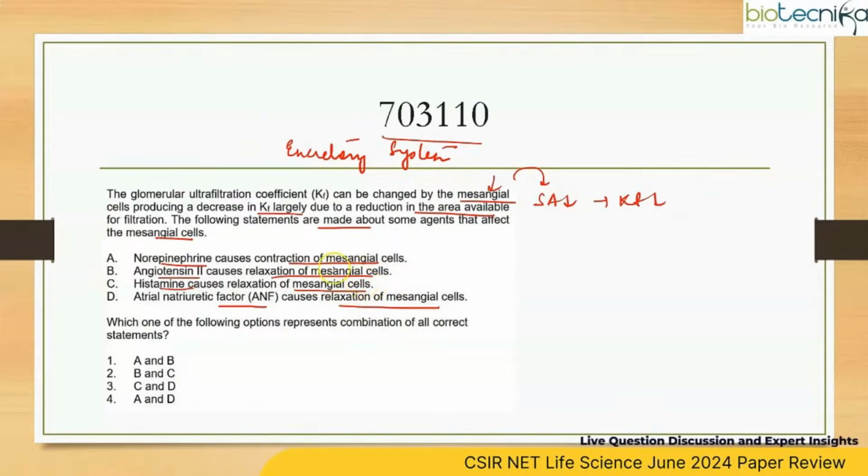So again, here you should know what are vasodilators, that dilate the blood vessels, and what are constrictors. Which of the following options represents the combination of all correct statements? Again, it's a simple question, just that you should have some information about various vasodilators and constrictors. You can try and tell me.